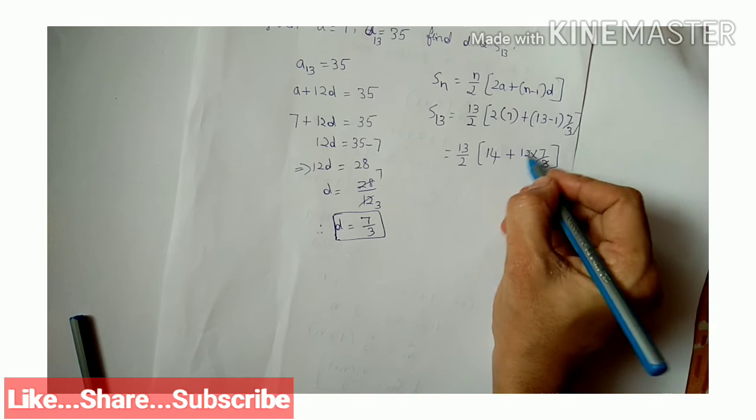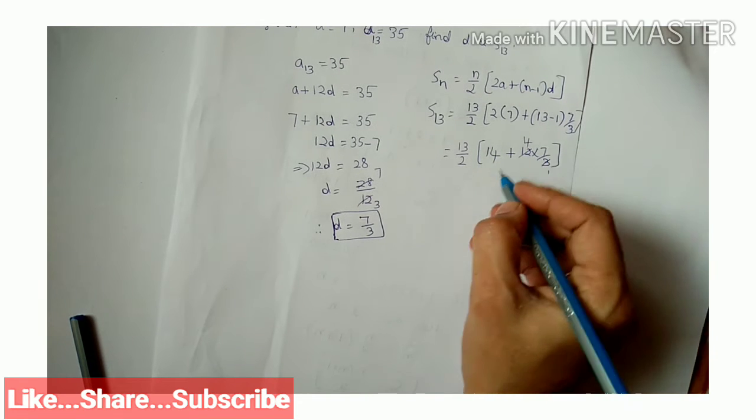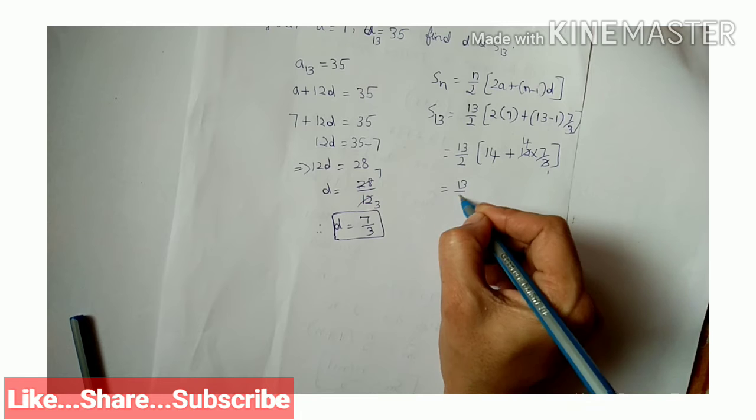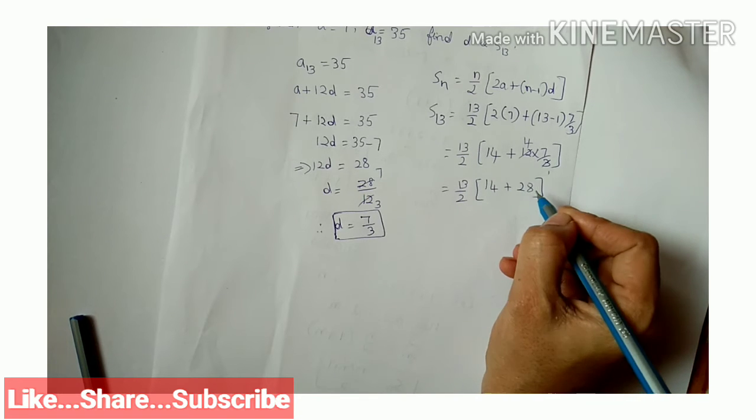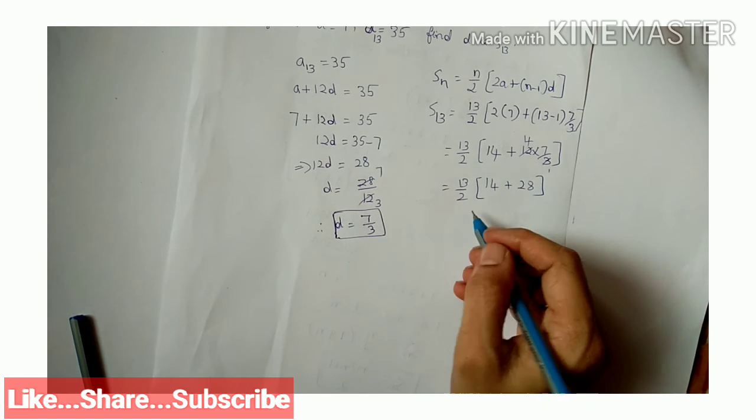Here 4 3s are 12, 4 7s are 28. 14 plus 28.